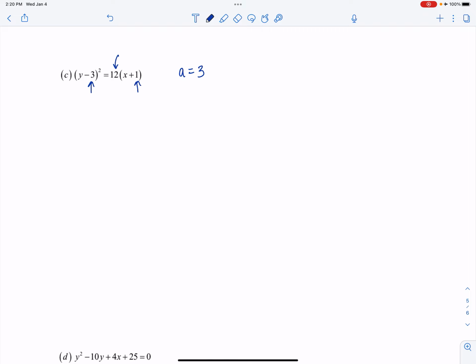Now be careful, because this time our x and y are switched, and so this is our k value and this is our h value. Always be aware of what exactly you're looking at. And so our vertex, which is (h, k), is going to be (-1, 3).